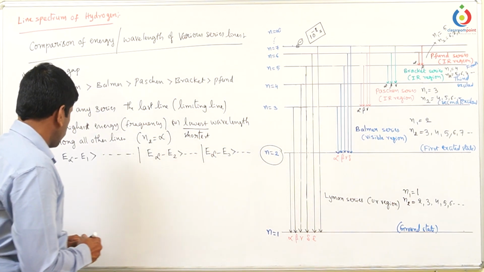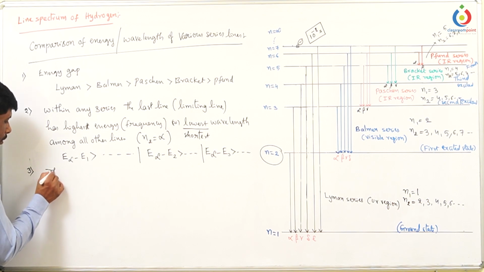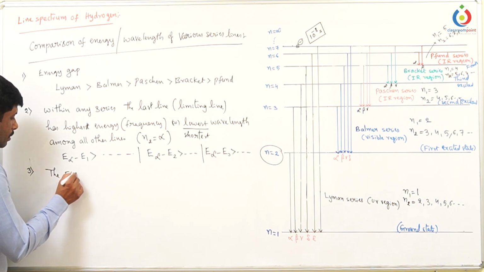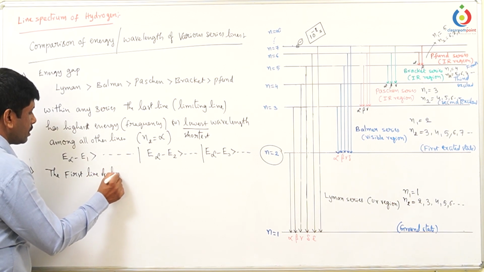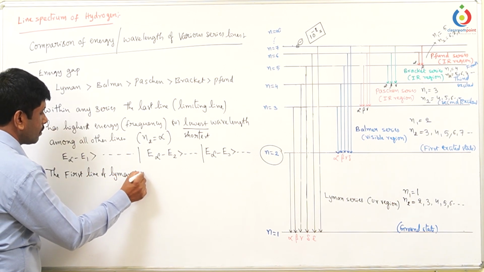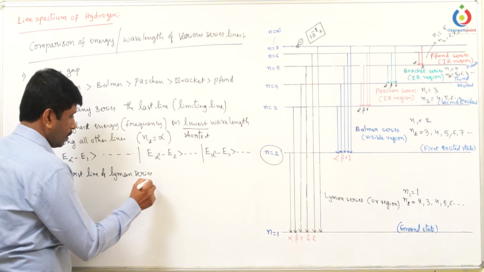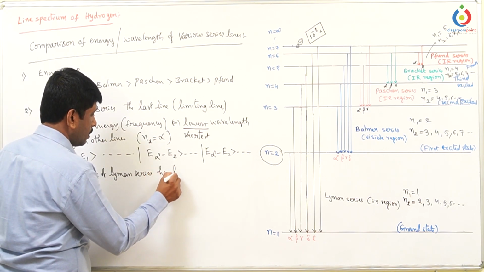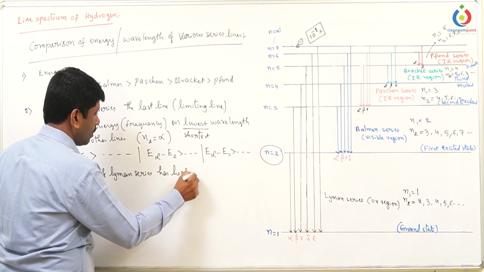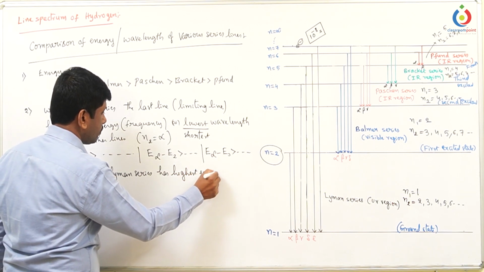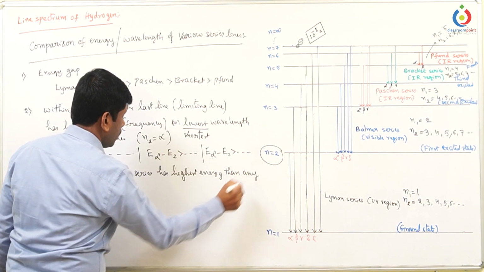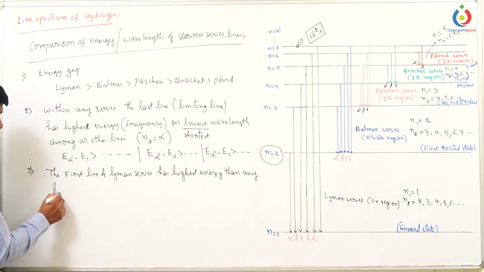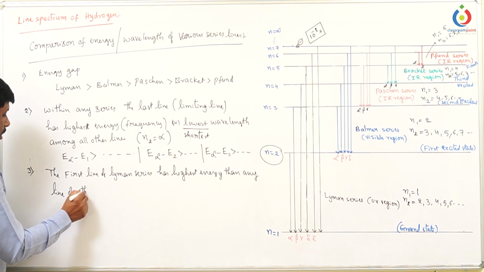So here the first line of the Lyman series has the highest energy than any line of other series.